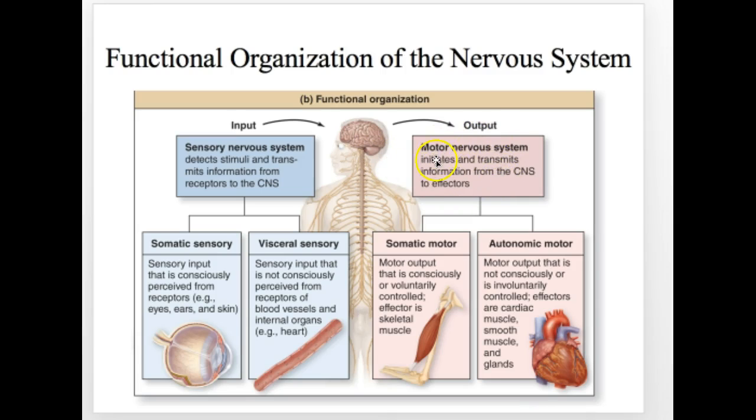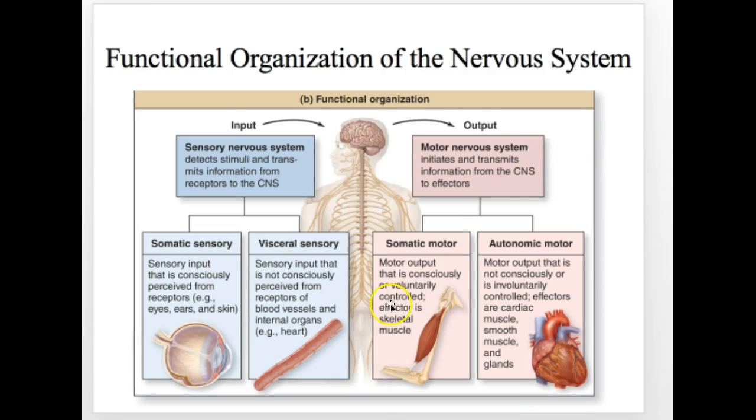Whereas the motor nervous system is the output system. This system initiates and transmits information from the central nervous system to effectors, essentially executing commands after integrating sensory information in the brain and the spinal cord.